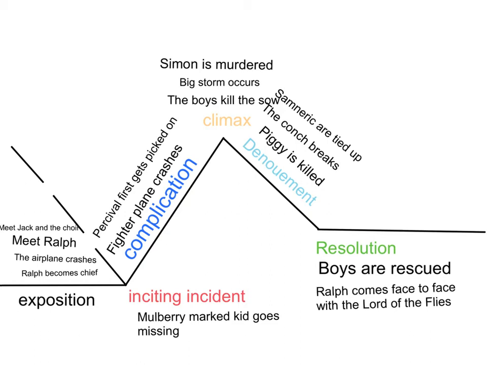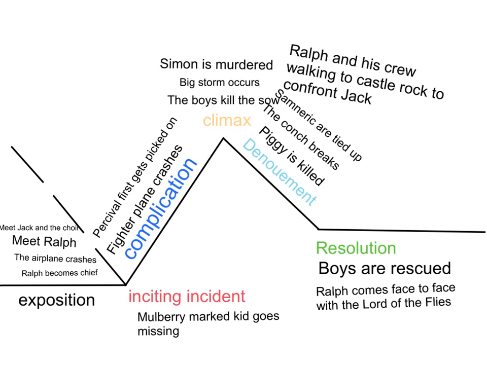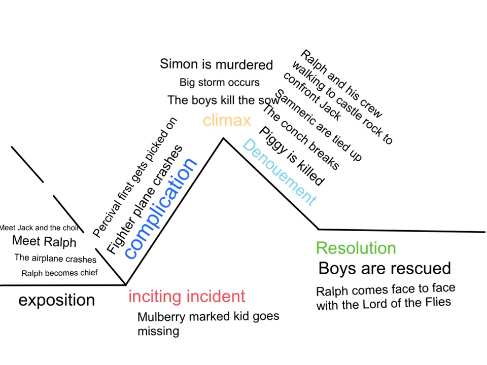You might see something about Ralph and his crew walking to Castle Rock to confront Jack. And that happens in the denouement.